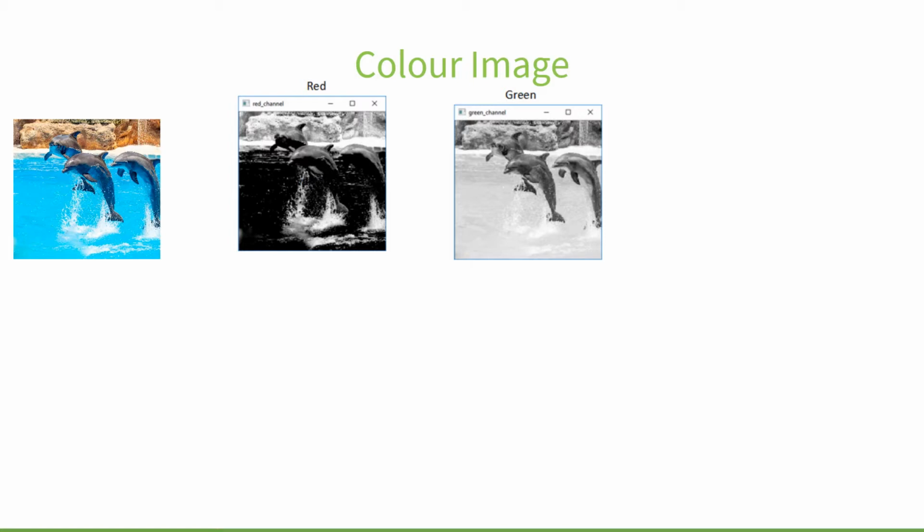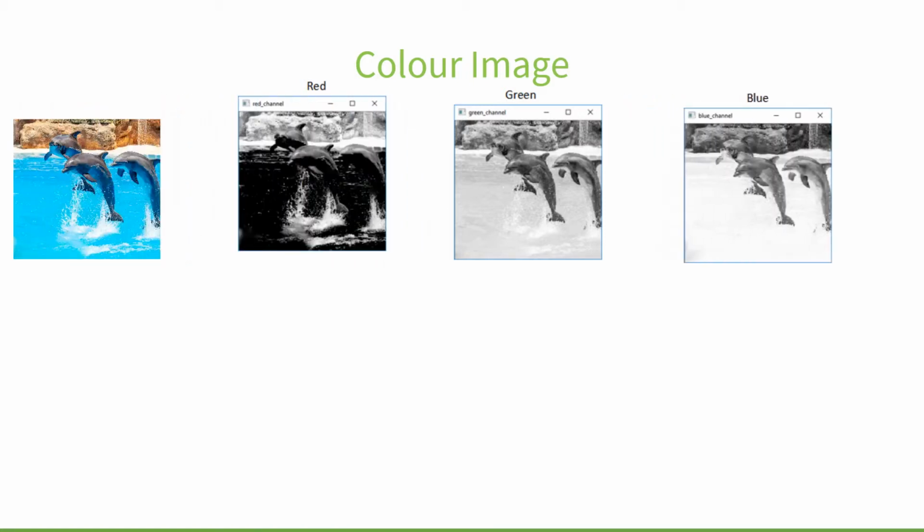The final one is blue. Here you can see the whole sea and the trees consist of a lot of blue color component. This area in the image has components of all the colors, like white consists of all the colors.